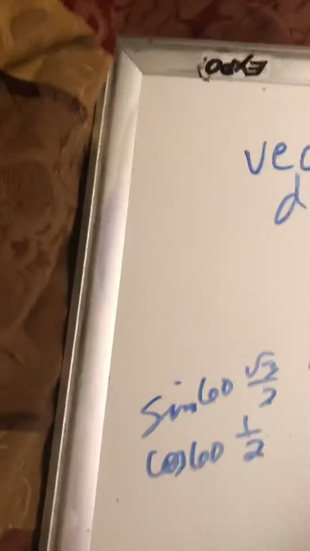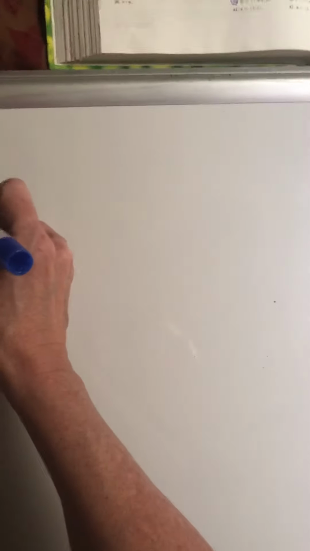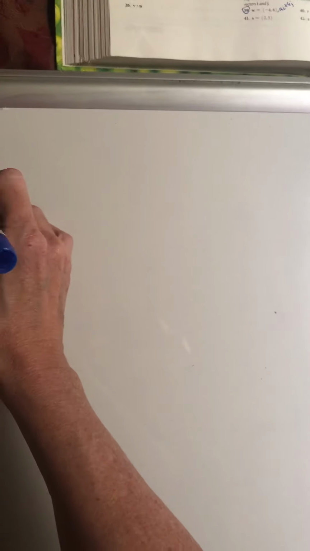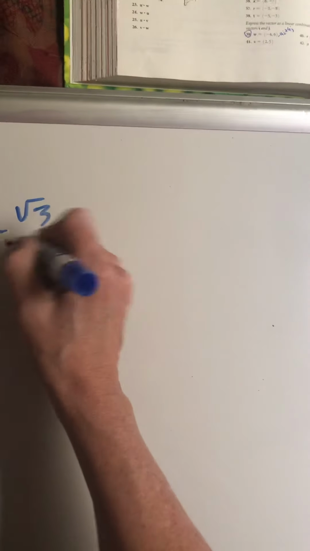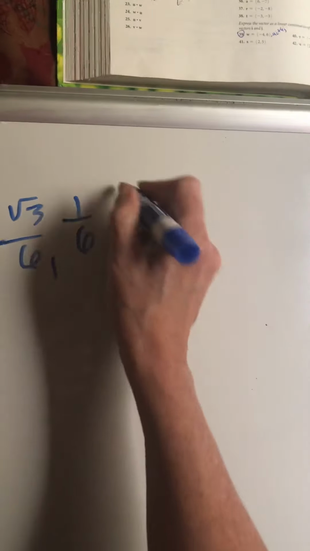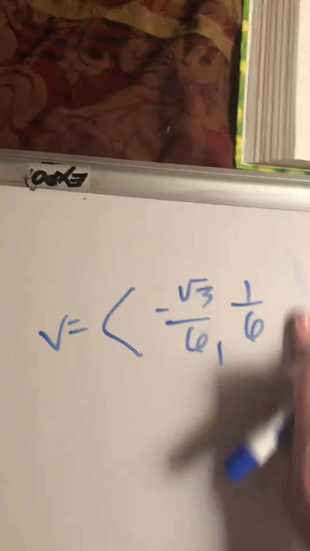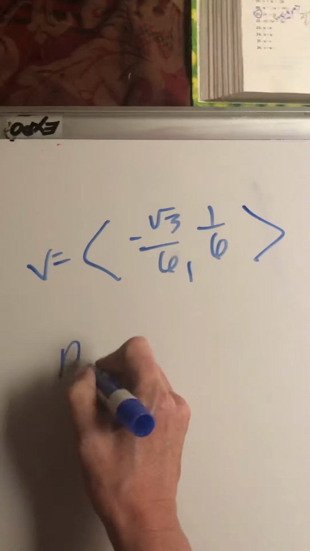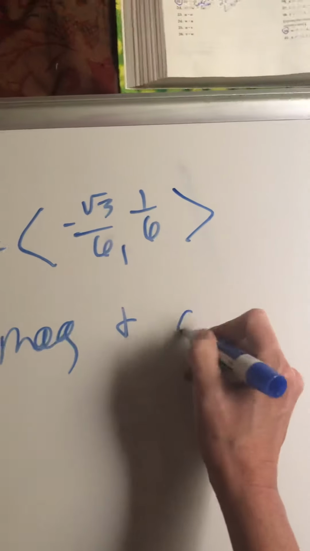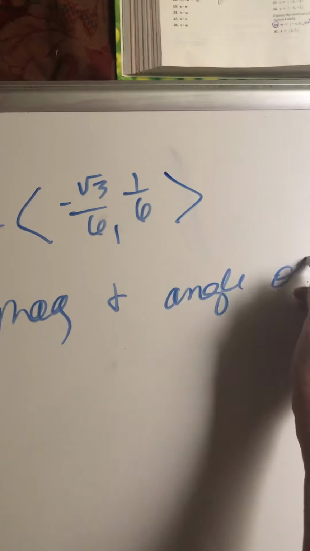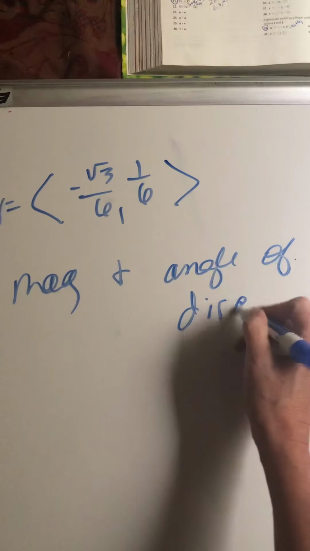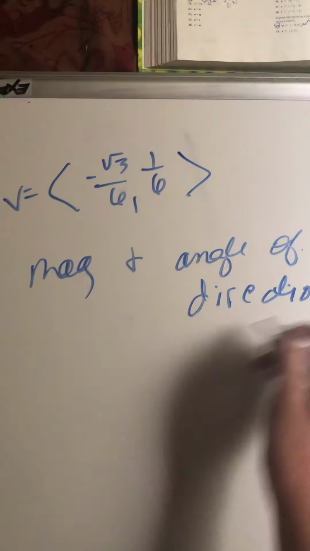Okay, then we're going to have to do two things given a vector. So let's see. This vector is negative square root of 3 over 6, and 1/6. So that's my vector, vector v. I want the magnitude and the angle of direction for this vector.